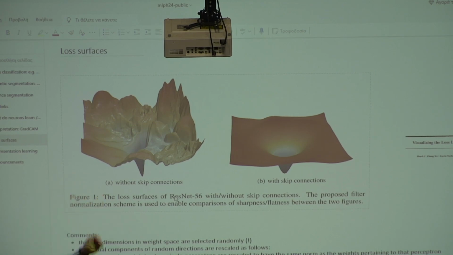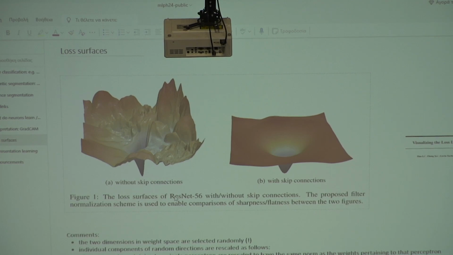Now we have difficulty visualizing what's going on in a 1 million dimensional space. So what these authors did here is they chose 2 random directions around the minimum. And then they do the scaling of these 2 random directions in a bit of a smart way. But still, these are just random directions.